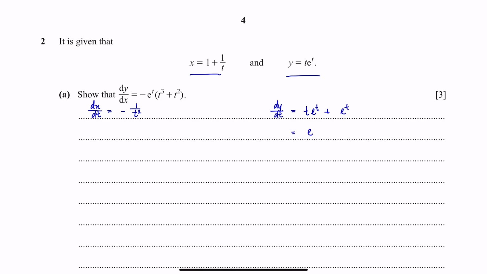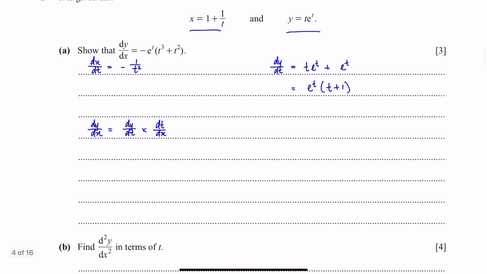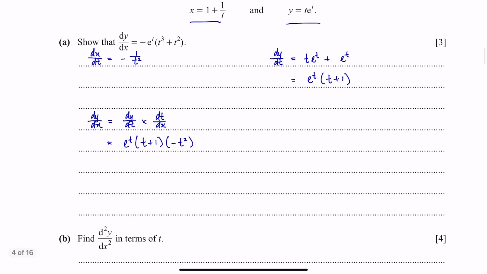And we can simplify it to e to the t times (t plus 1). So dy over dx is dy over dt times dt over dx. So it would be e to the t times (t plus 1) times negative t squared. So this would be negative e to the t times (t cubed plus t squared).